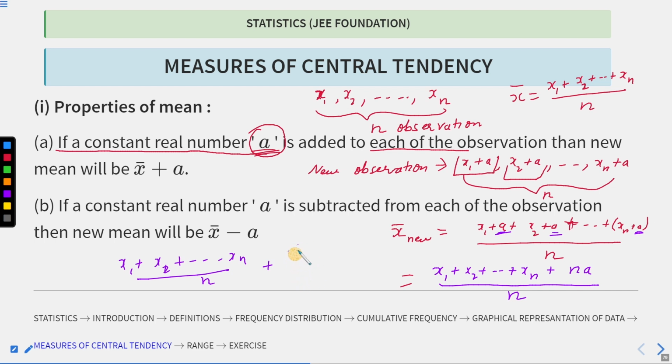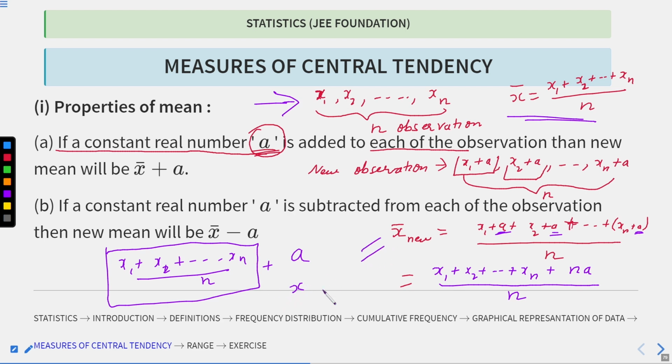So this is just a, and I already know that the first part is my x bar, the mean for the original observations. So the new mean is equal to the old mean plus a. I hope this is clear.